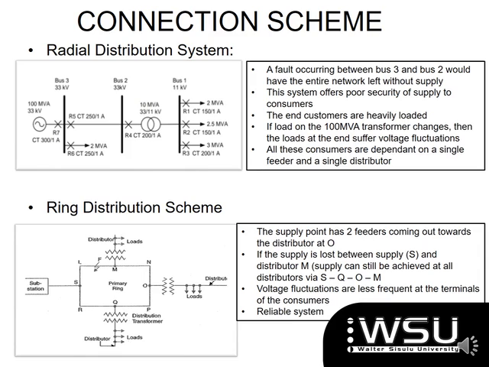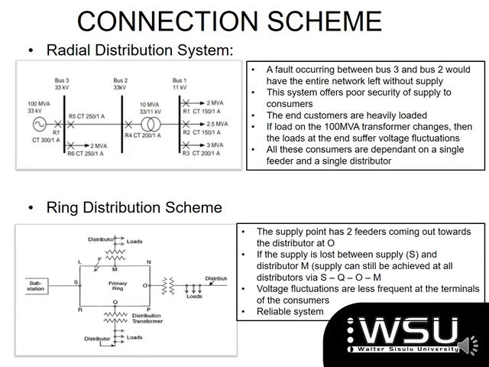And the ring scheme, really what it has is that from your source, which is the substation S in this case, going towards your far end load, which is O, you've got two feeders coming out. One is going via the LFN route, and the other one is going via the SRQPO route.